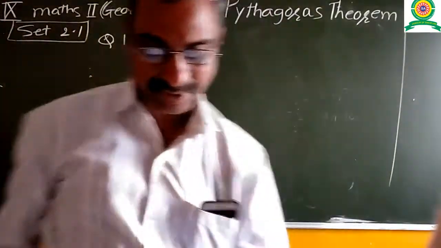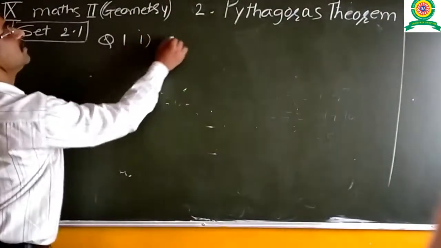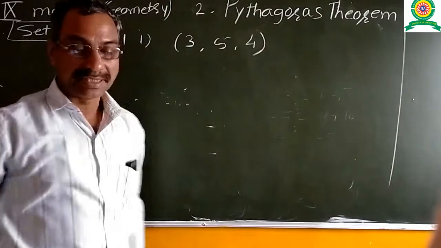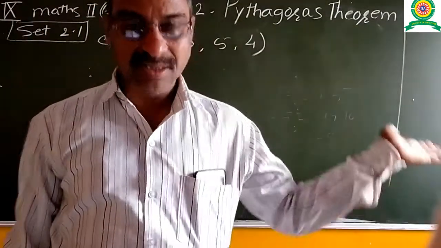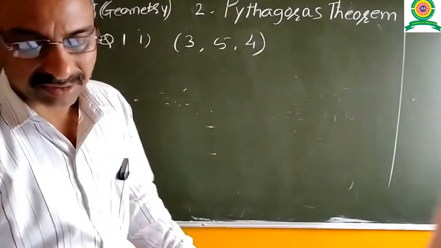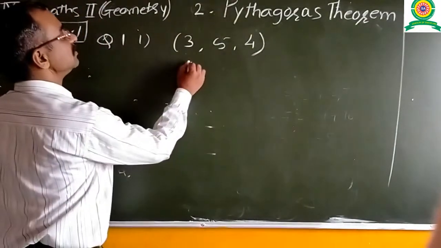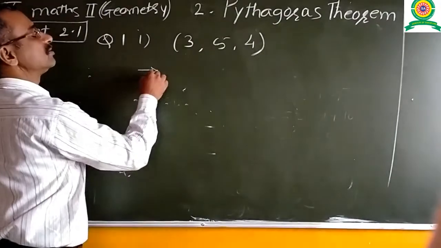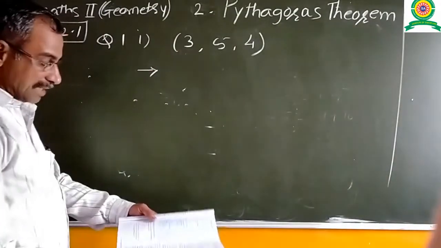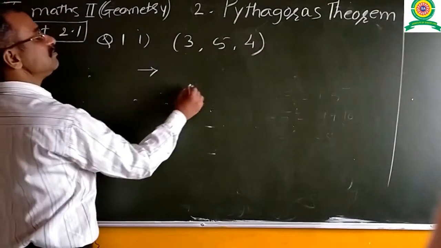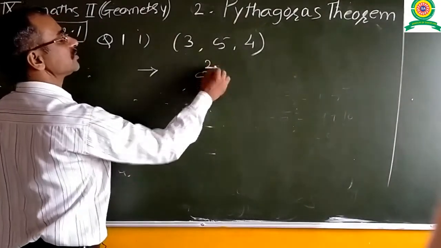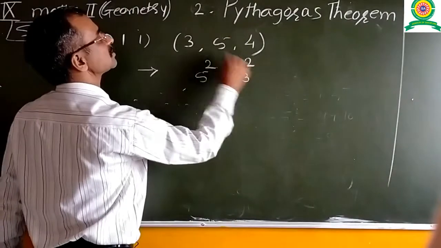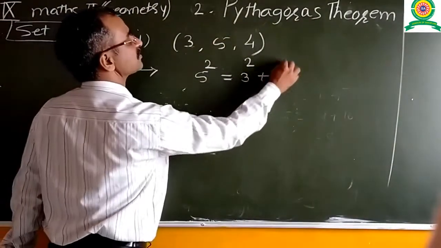So question number 1. First, 3, 5, 4. These are three numbers. We are finding whether these numbers are a Pythagoras triplet or not. By using that rule, for the highest number 5, its square should be the sum of the squares of the smaller numbers, 3 square and 4 square.